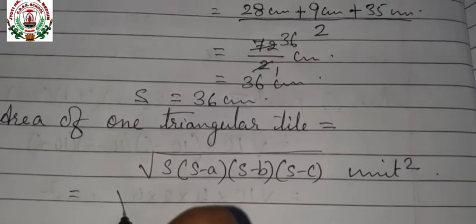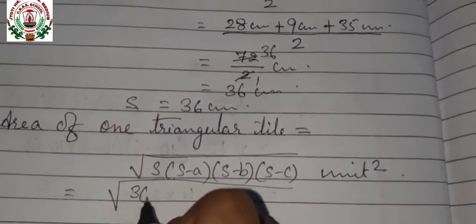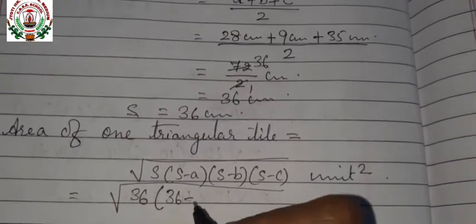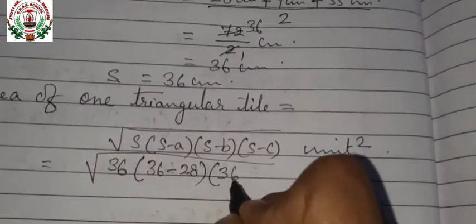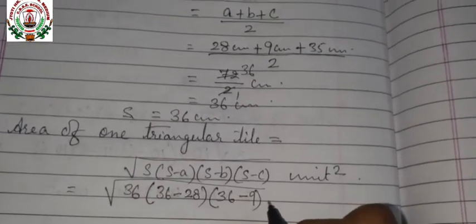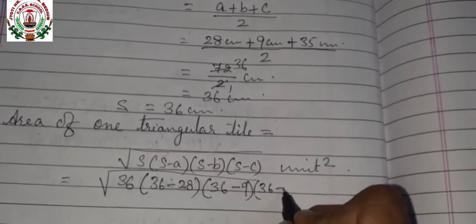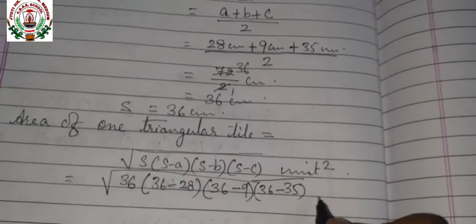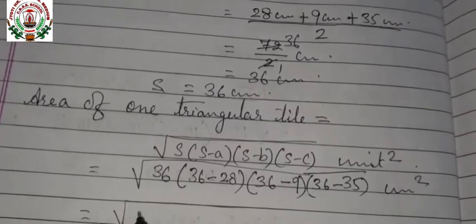Now put the values of each. S is 36. Again S is 36 minus A is 28. Again 36 minus B is 9, and again 36 minus 35. And the unit here is cm, so cm square.